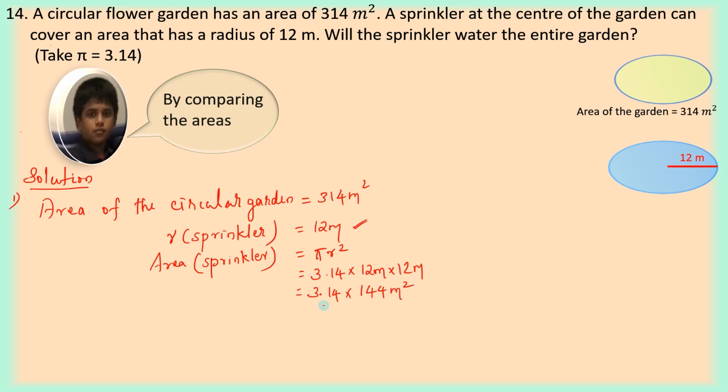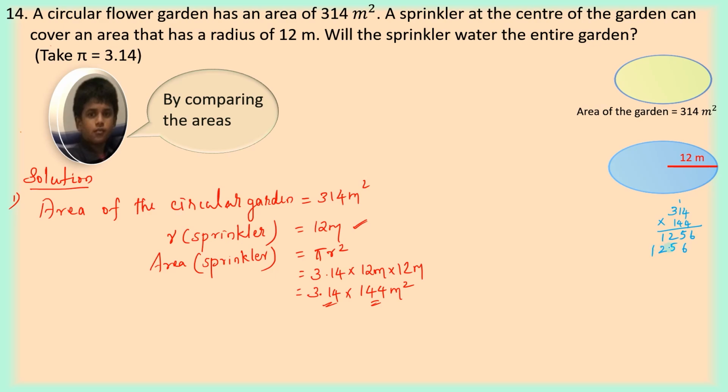Next we have to multiply 314 and 144. That is 314 into 144. 4 4s are 16. 4 1s are 4, 4 plus 1 is 5. 4 3s are 12. Again multiplying with the 4, so we can write the same, that is 6 5 2 1.